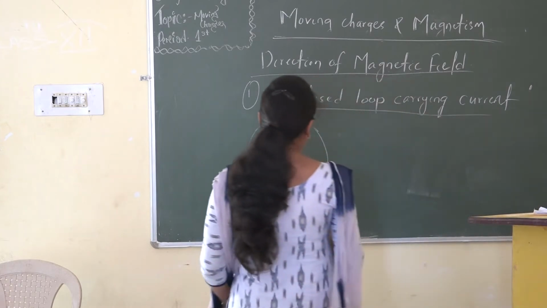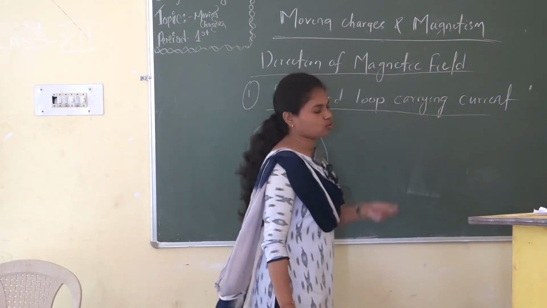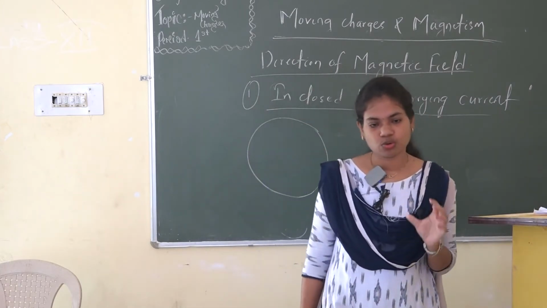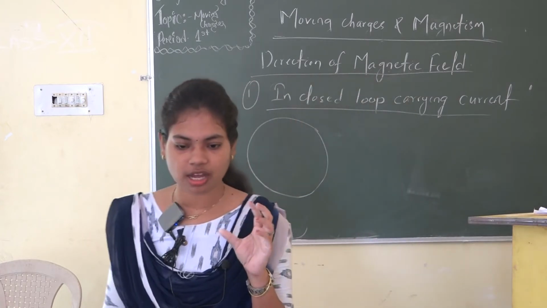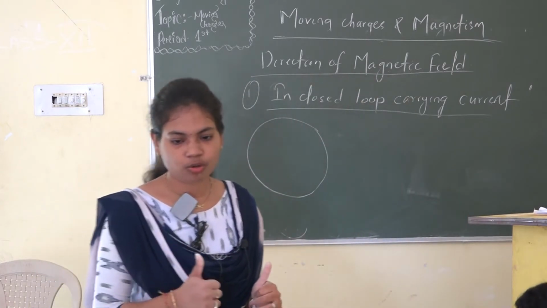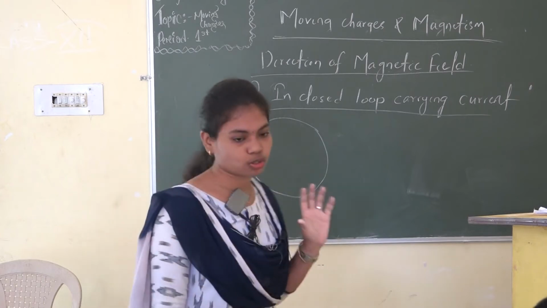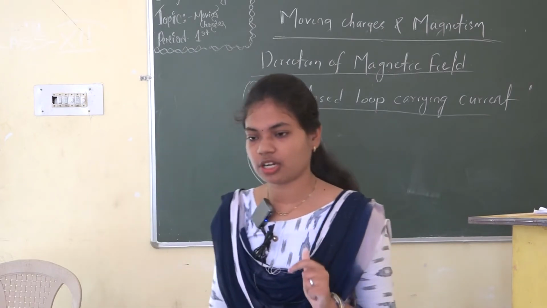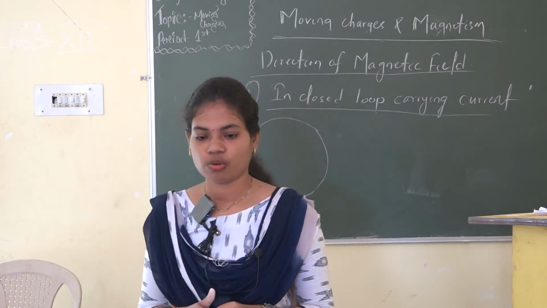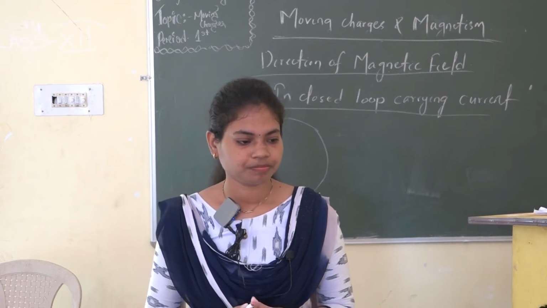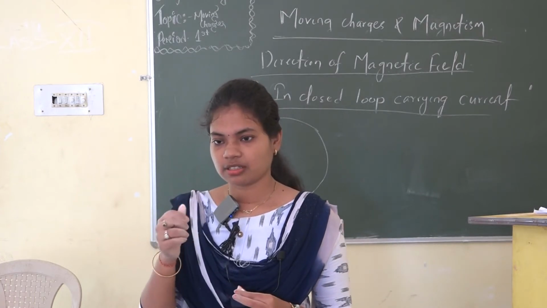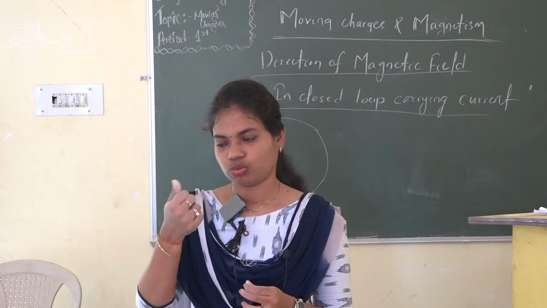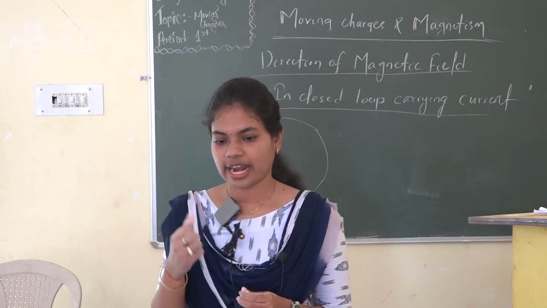In a closed loop carrying current, there is another rule, that is the right hand screw rule. In a straight wire carrying current, we have already studied the right hand thumb rule, but in case of a closed loop carrying current, we study the right hand screw rule. What do you mean by screw rule? You have already seen a screw.